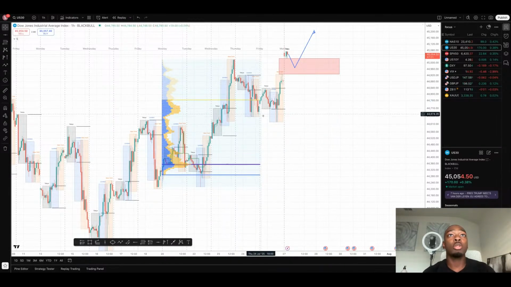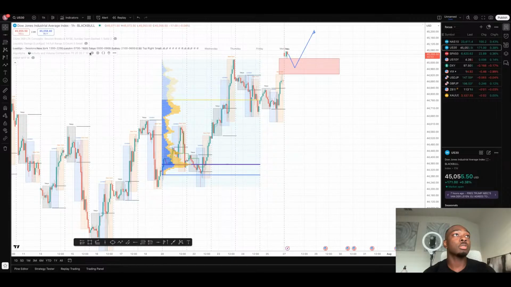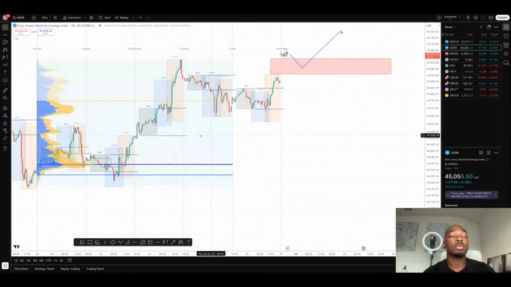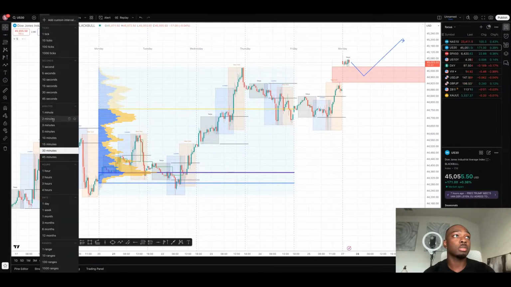That's what we're looking for with price on US 30. Now, how we're going to do that is very simple. One of the other tools I wanted to show you guys. Actually, no. I'll show you this first. So what I've been using, all right, on a 30-minute chart or 15-minute chart, let's go 15.